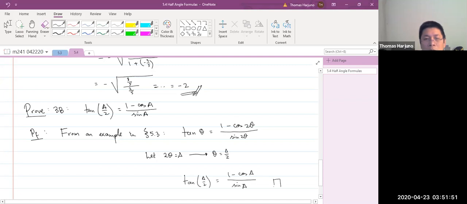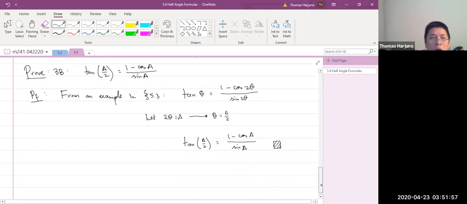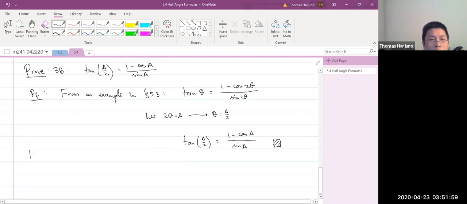That's it. That's the proof. Okay, I just do substitution. That's it. The harder one is how about the proof 3c: tangent a over 2 equals sine a over 1 plus cosine a.